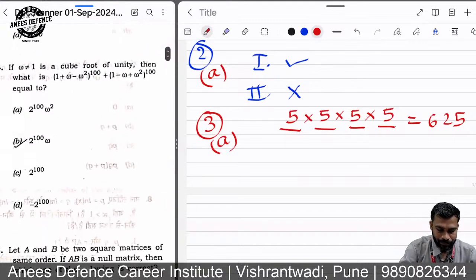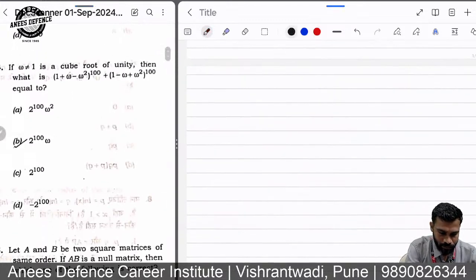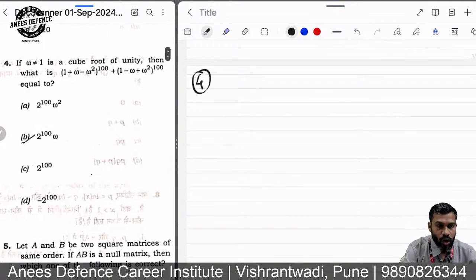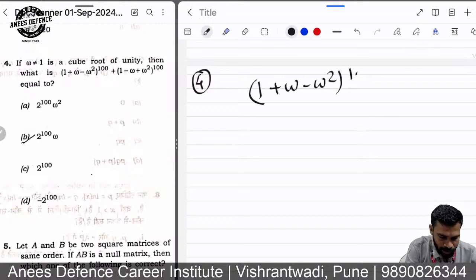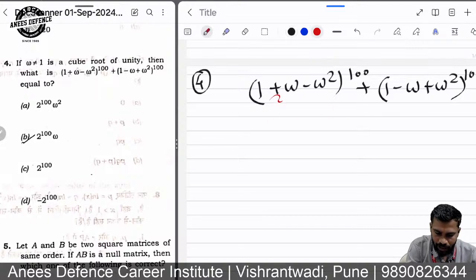Next one. Number 4. Omega, not equal to 1, is a cube root of unity. Then what is the value of, let me write the question first, (1 plus omega minus omega square) to the power 100 plus (1 minus omega plus omega square) to the power 100? So what we can do, I can write 1 plus omega as minus omega square.